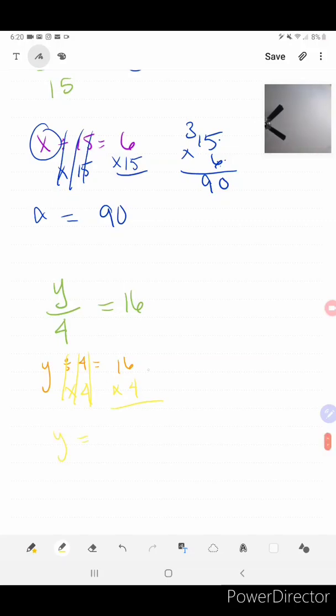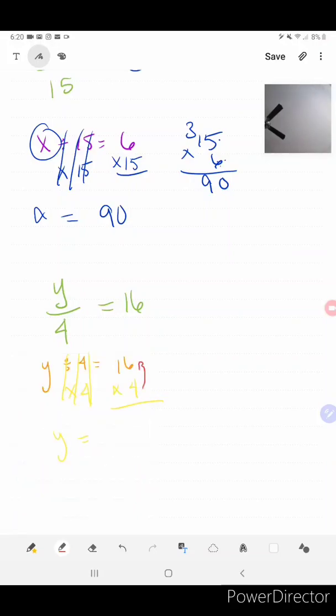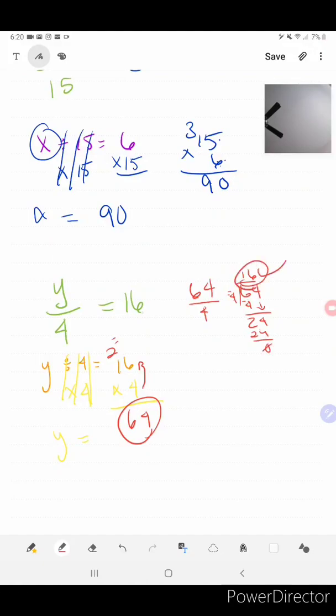Y is by itself. 16 times 4. 4 times 6 is 24. 4 times 1 is 4, 5, 6. So 64. 64 over 4, which means 64 divided by 4. 4 goes into 6 once. You subtract, bring down your 4. 4 goes into 24 6 times. So 16 is right.